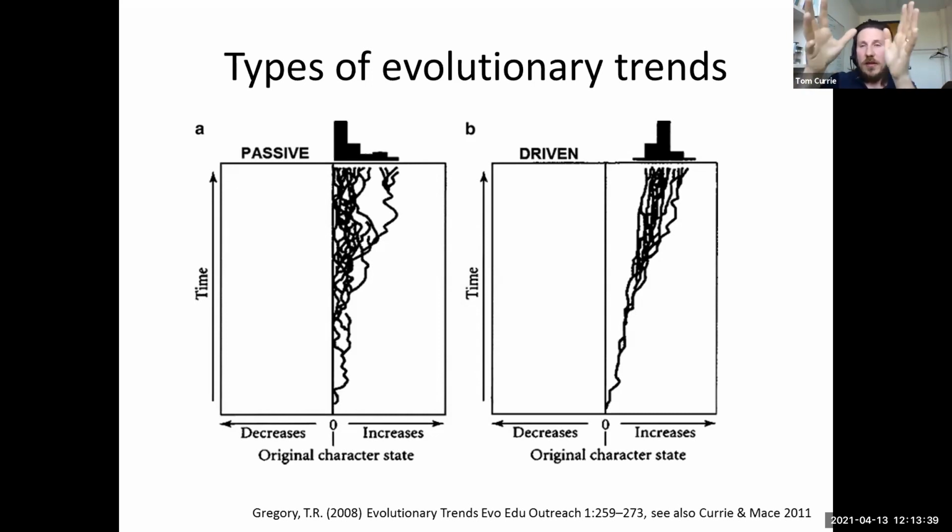So you're seeing a shift of the whole distribution over time. In this case, there's some active force acting across all levels of organization that leads to this driven trend mechanism.